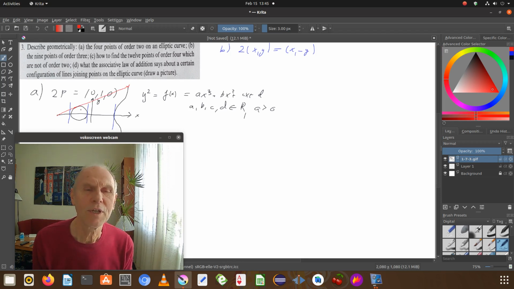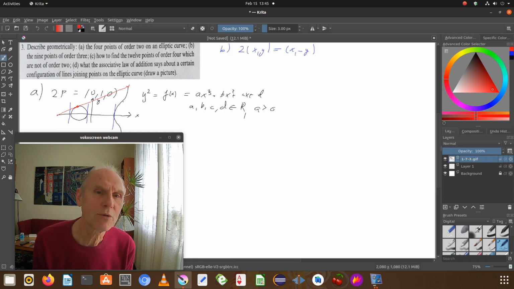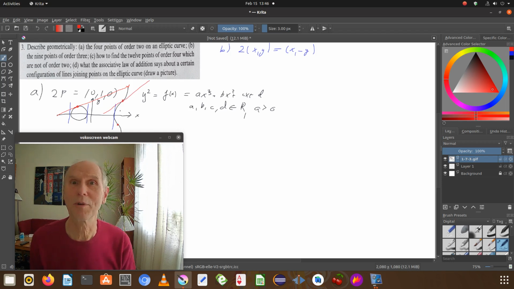So we need a tangent that only cuts in the same point, and that means that it must have contact of order 3, which means it's a point of inflection. And we do have 2 points of inflection here, somewhere here. This is a poor drawing, but I hope you get the drift.